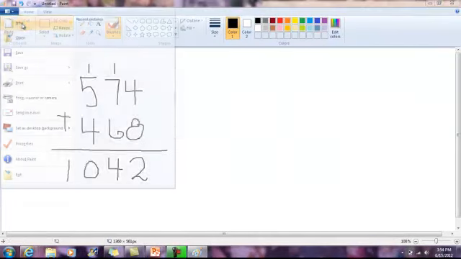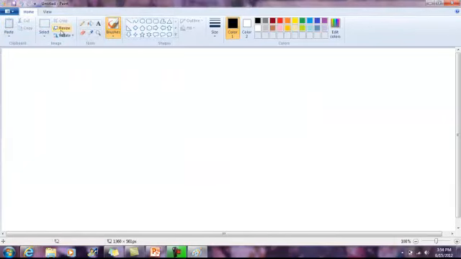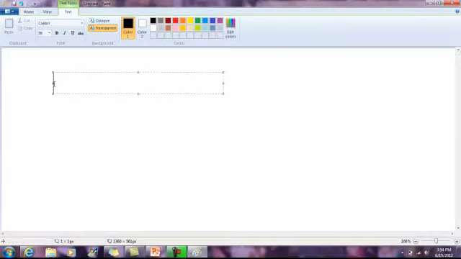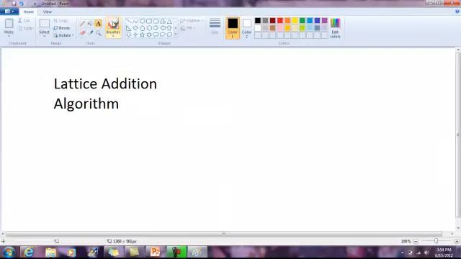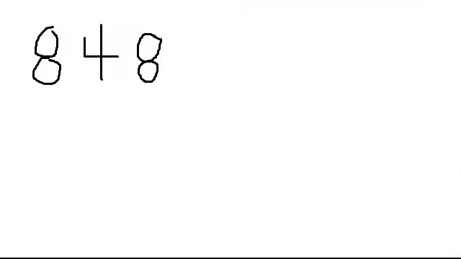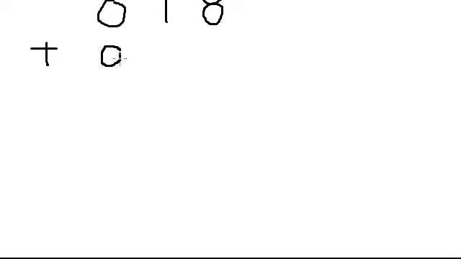But I want to also show you some other ways of doing it, and I want to start off with what is called the lattice addition algorithm. For this problem, we are going to start with 848 plus 959.